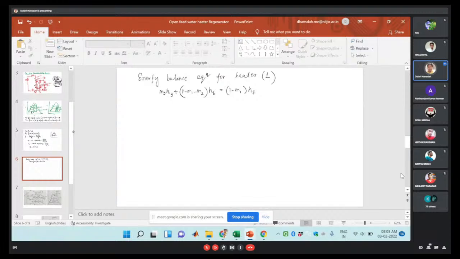So from this equation, we can find out your M2. Let me remove the M1 and M2.